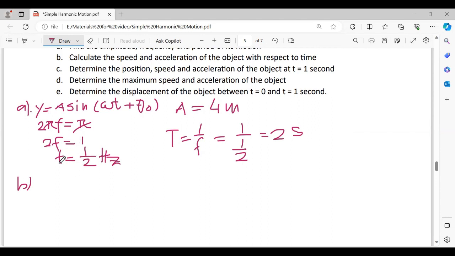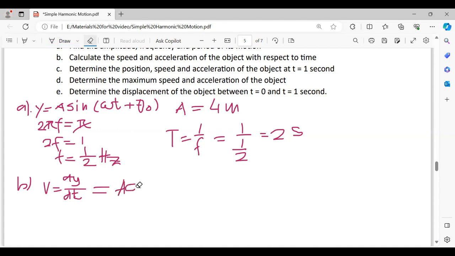As you know, velocity is the derivative, dy over dt, the derivative with respect to t, and it becomes A times omega.